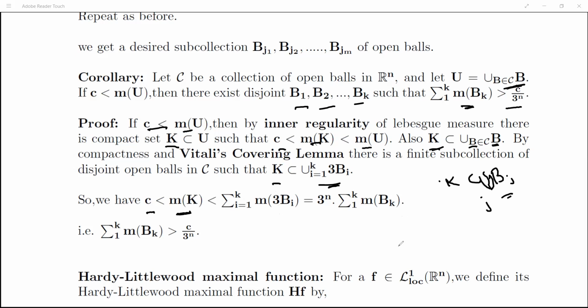And in dimension n, remember that the measure of cA is just c to the power n times the measure of A. So in dimension n, if you scale a set by a constant c, your measure will scale by a factor of c to the power n, here 3 to the power n. So that's how you get this.